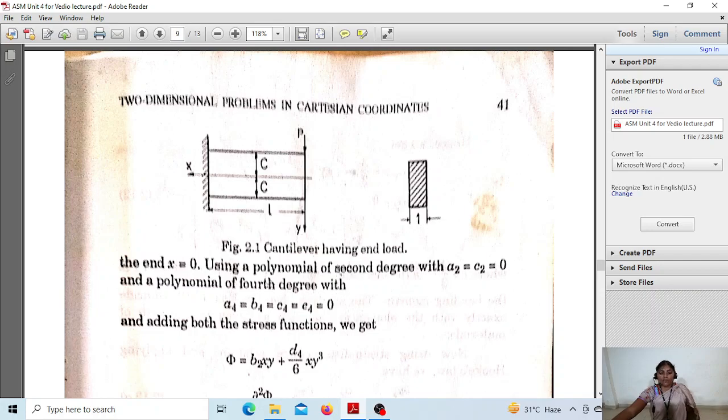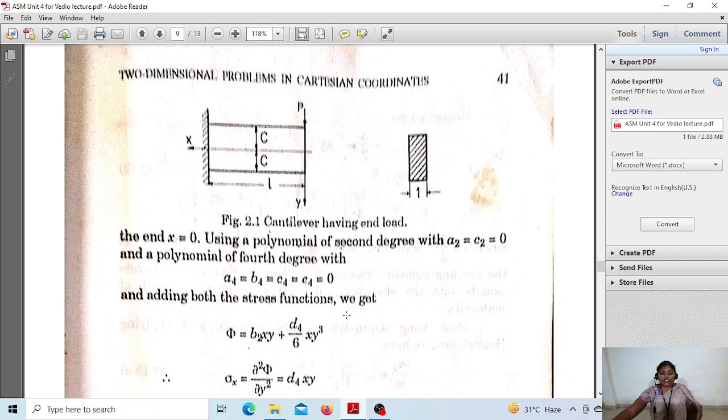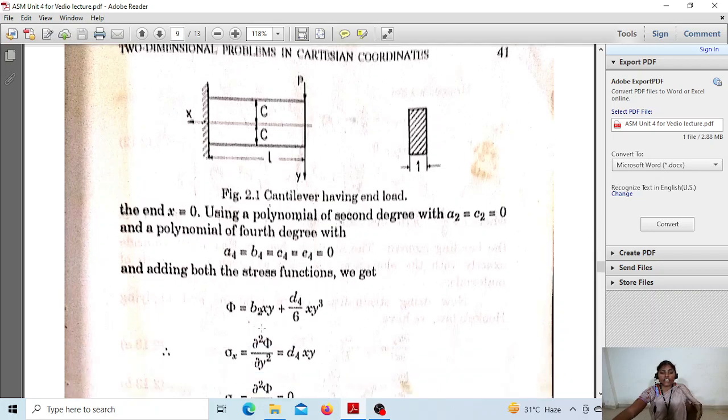In such a polynomial, you take a second degree polynomial, make a2 and c2 equal to 0, and add a fourth degree polynomial which has a4, b4, c4 and e4 equal to 0. Now adding such polynomials, you will get a function phi equal to b2 xy plus d4 by 6 xy cube.